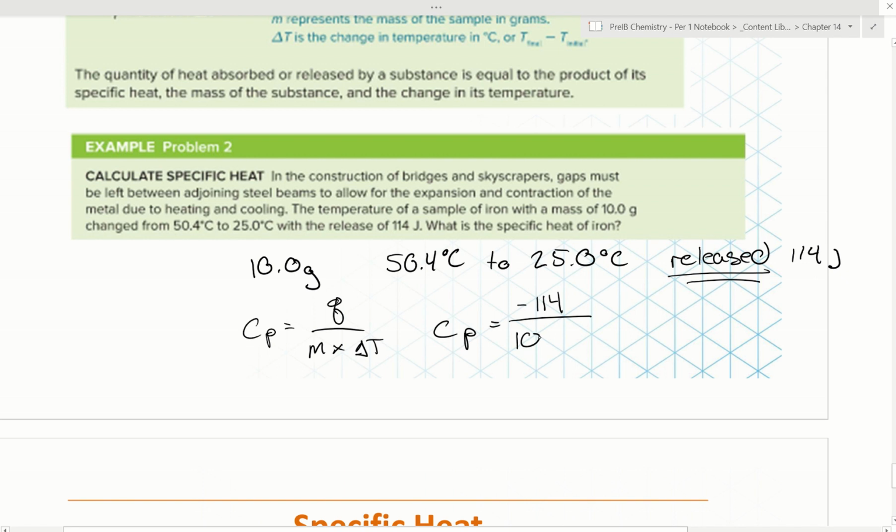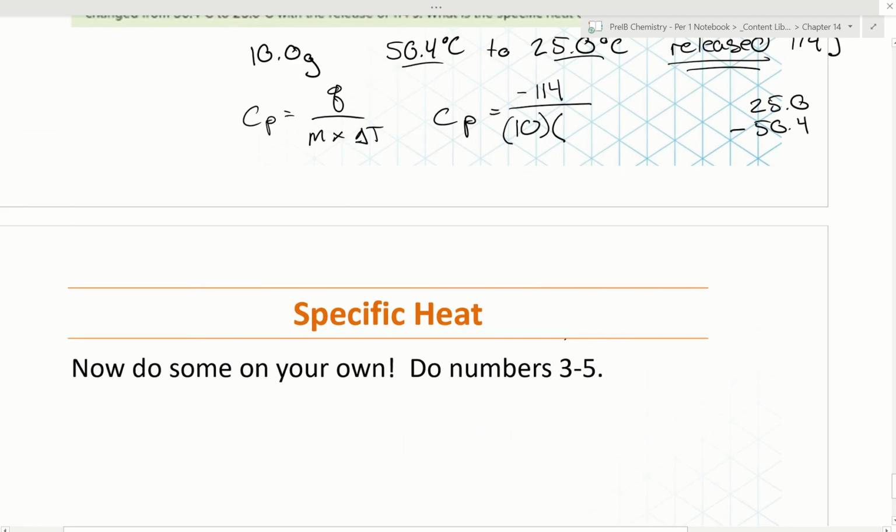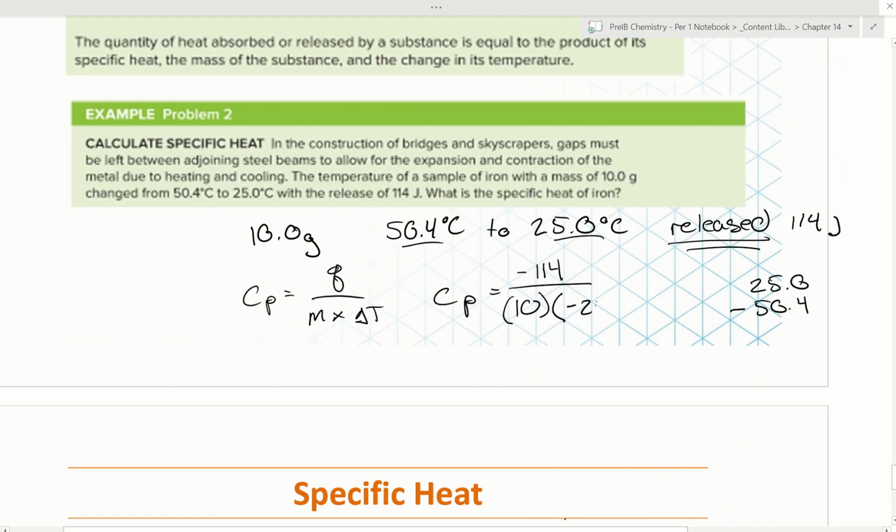It's 10 grams of metal times the final minus the initial temperature. This is the final, this is the initial, so it's 25.0 minus 50.4. And we take 25.0 minus 50.4, and we get negative 25.4.